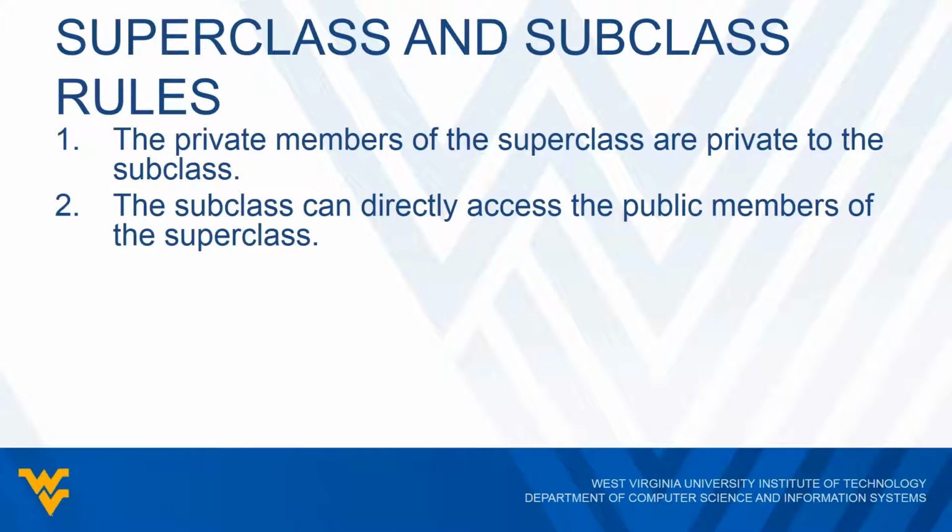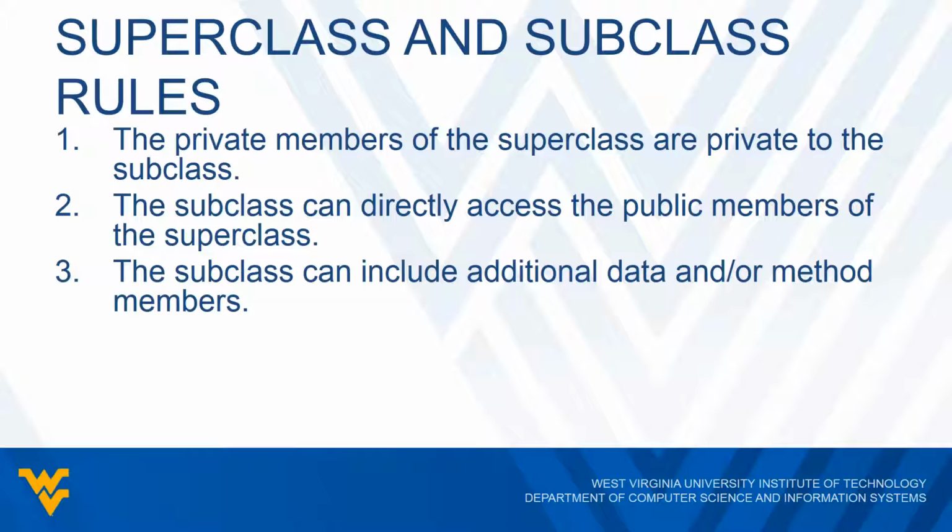The second rule deals with the public members. A subclass can directly access the public members of the superclass. Since the member is public, any other class can directly access it, which includes the subclass. The third rule is that the subclass can include additional data and or method members.